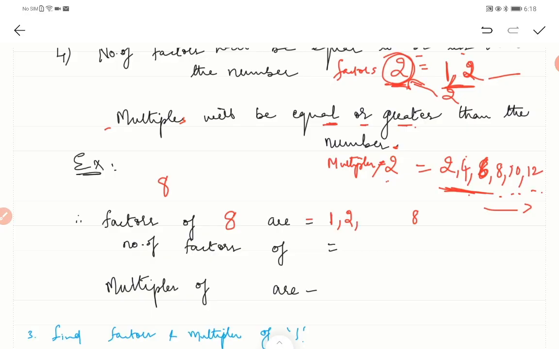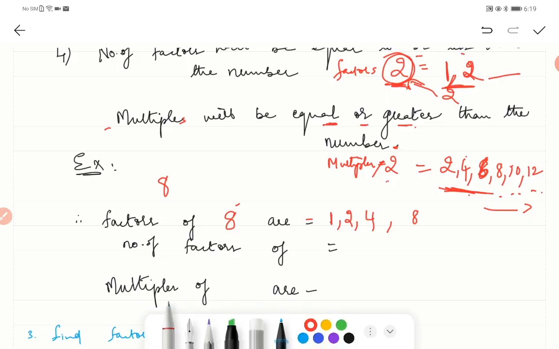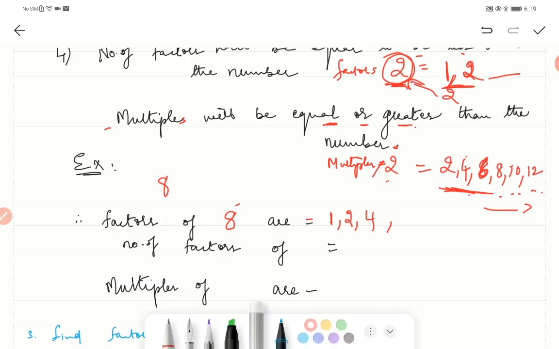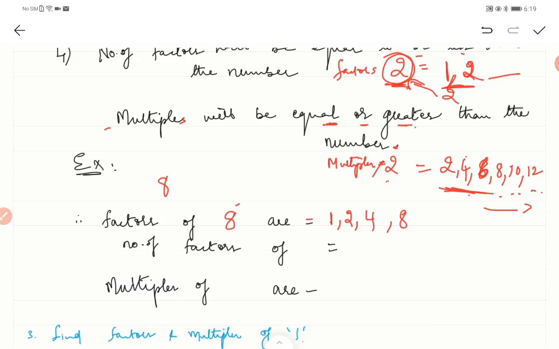Will 8 come in the 3 table? No. 4 table, yes, 4 twos are 8. In the 5 and 6 tables you will not get 8, and 7 also you will not get 8. Only again in the 8 table you can find it: 8 ones are 8. So how many factors did we get? 1, 2, 3, 4, isn't it?